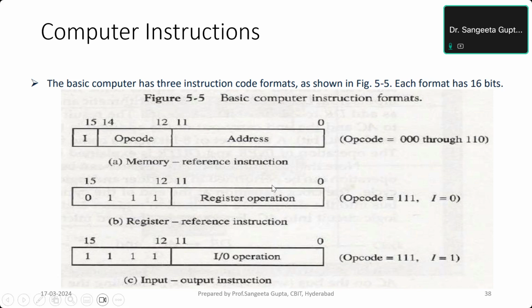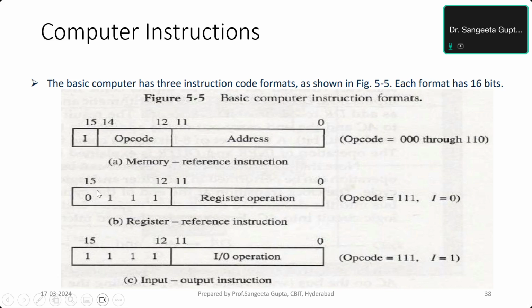Hence, instead of representing the address, we are representing the direct operations related to either register or input-output. Coming to bits 12 to 14, which represent the opcode, the opcode for both of these instructions is 111, which is the binary equivalent of decimal 7.